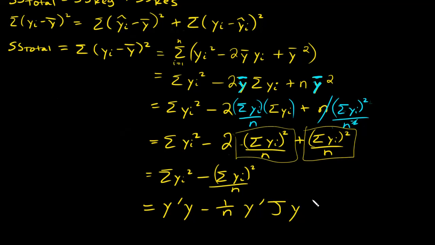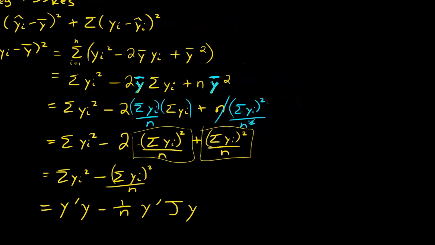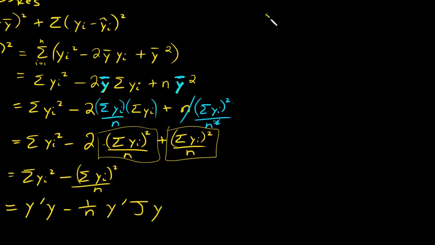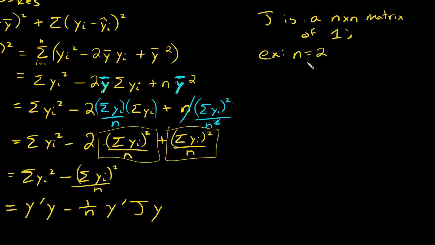Let me go off to the side and show what J is. J is an n by n matrix of ones. For example, suppose n equals 2.